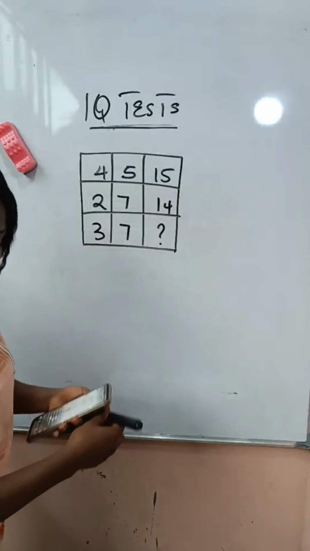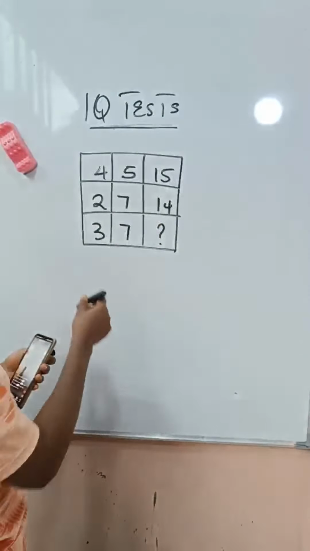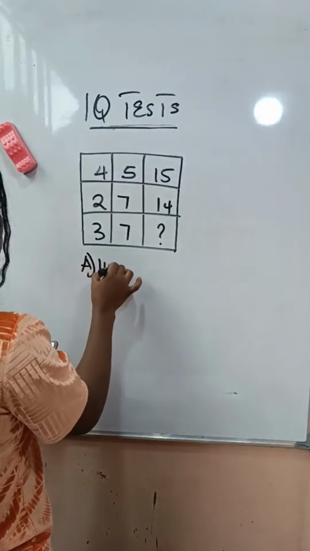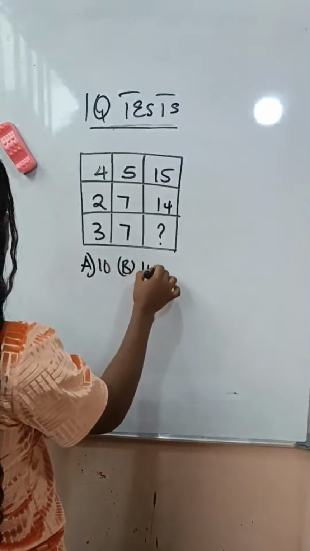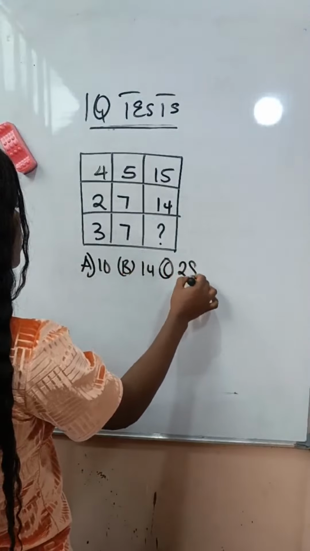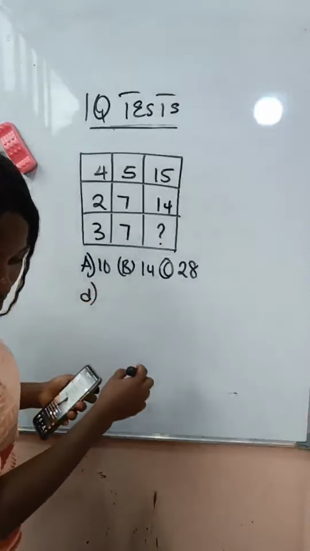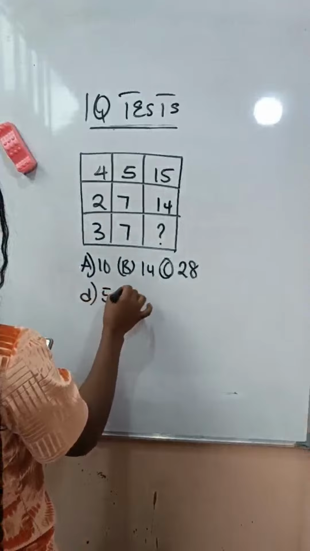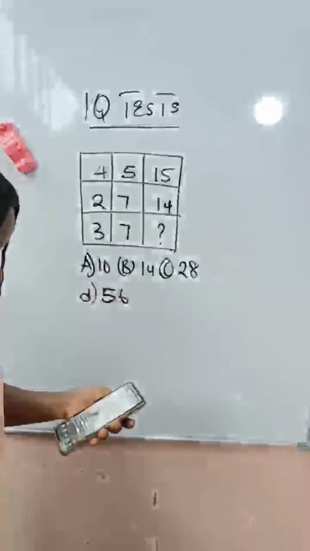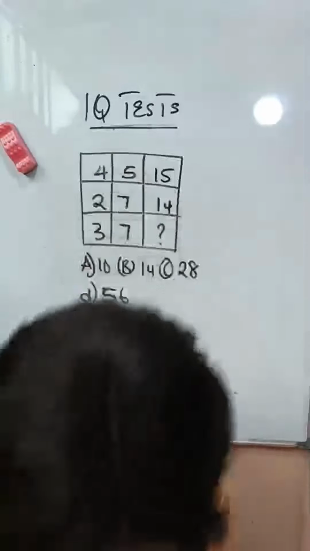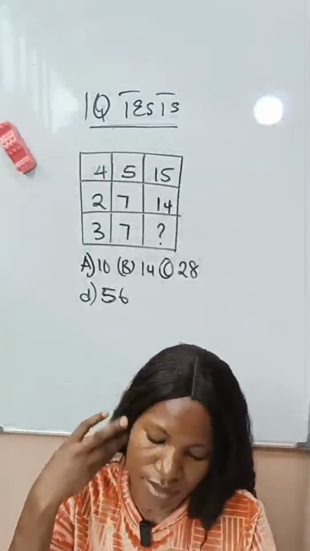So we are asked to find the missing number, and these are the options. Option A is 10, option B is 14, option C is 28, and option D is 56. So we're asked to find the missing number. What is the missing number?